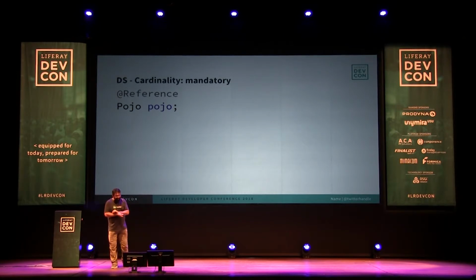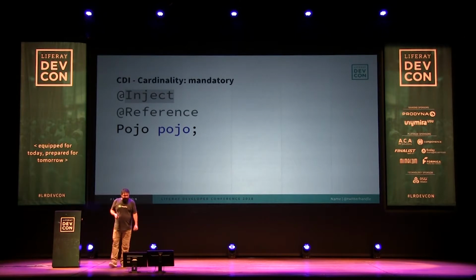So cardinality. Cardinality is when you're dealing with the different number of services that match the type that you're looking for, right? So here we have a mandatory single cardinality reference. Pretty obvious. I just want one reference, one instance of the type POJO. And I'm just going to operate with that one forever. And in CDI, that looks very similar.